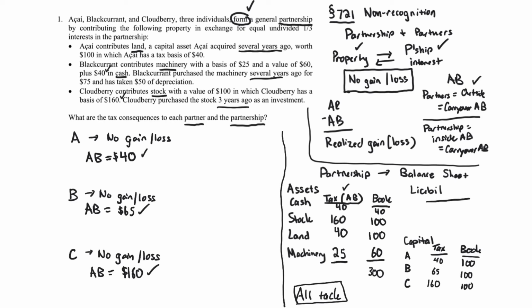For the partners, the rule is you get to tack if it's a capital asset or Section 1231 asset that they contribute, in their hands. Capital or Section 1231 asset. So let's go through the three. A contributes a capital asset.